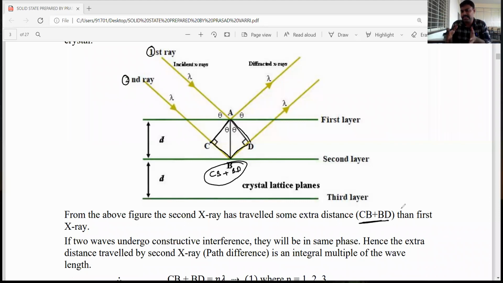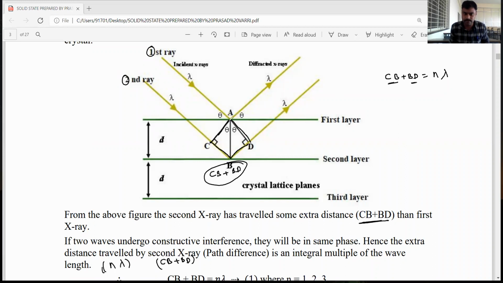When both are in the same phase, the extra distance traveled by the second ray, CB plus BD, must be an integral multiple of the wavelength, that is n lambda. So CB plus BD equals n lambda. What are the CB value and the BD value? We have to derive them, dear students.